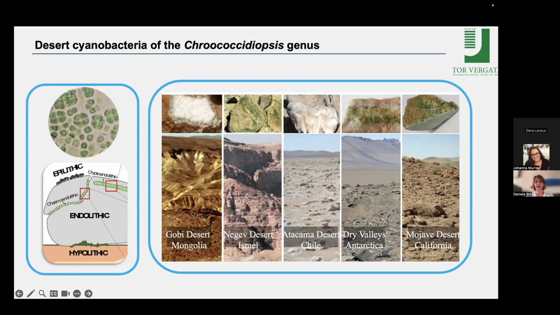I have a collection of cyanobacteria of the genus Chroococcidiopsis that has been collected by Imre Friedmann and his wife during their lifetime expeditions in deserts like the Gobi Desert in Mongolia, the Negev Desert in Israel, the hyperarid core of the Atacama Desert in Chile, or the Dry Valleys in Antarctica, that are quite famous, and I will say later on why, and also samples collected from the Mojave Desert in California.